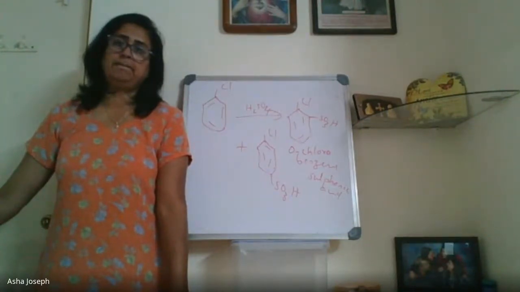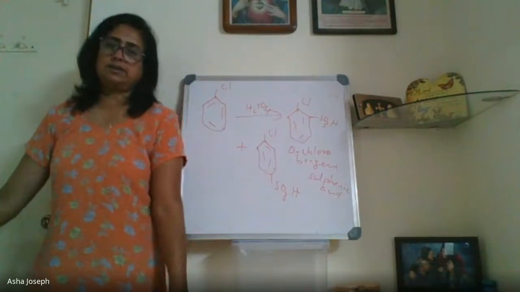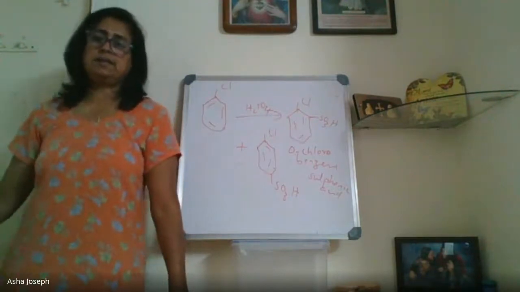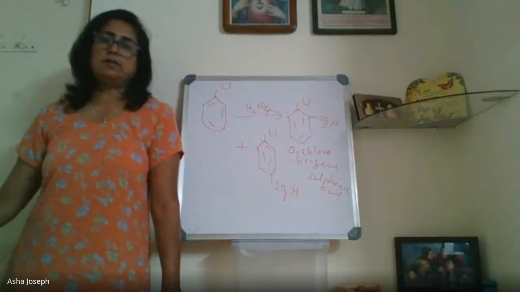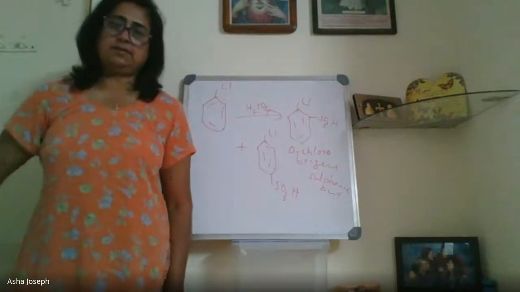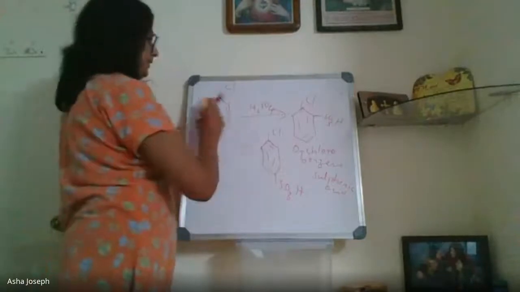Okay? Or you can say 2-chloro-benzene sulfonic acid. That is also correct. Ortho-chloro-benzene sulfonic acid or 2-chloro-benzene sulfonic acid, para-chloro-benzene sulfonic acid or 4-chloro-benzene sulfonic acid. Any doubt? No, ma'am. Okay, so that is sulfonation.